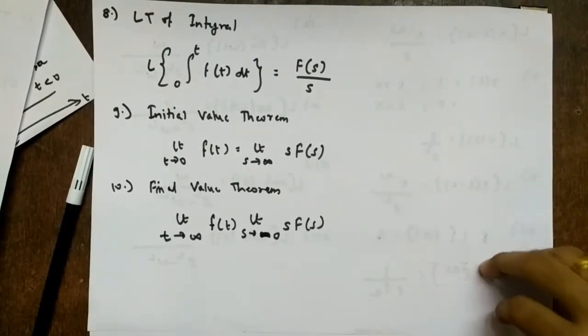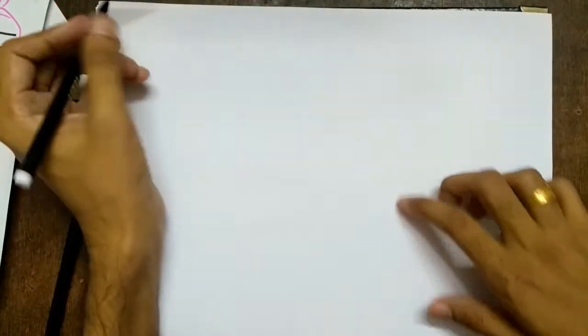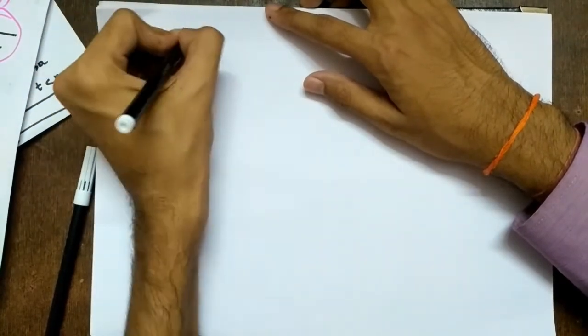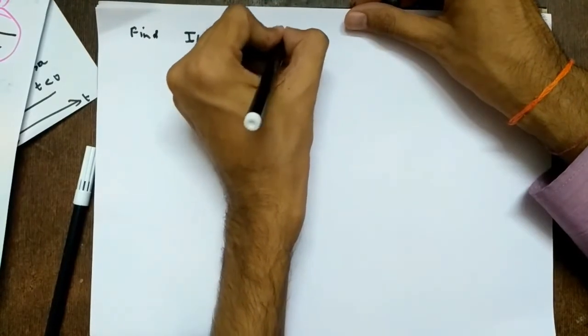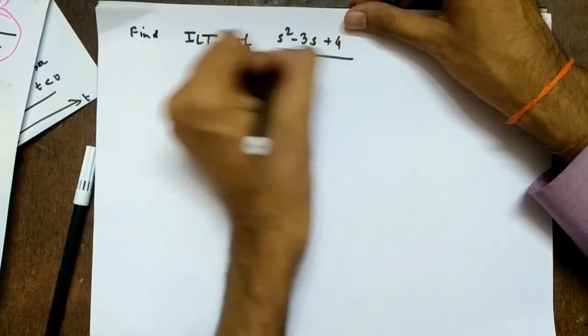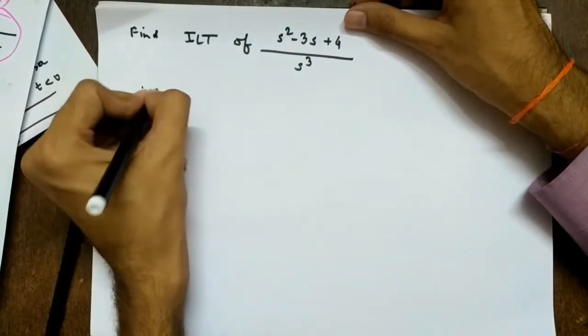Then you might require inverse Laplace transforms. So let's take some simple examples of how to solve. Let's say I have to find the inverse Laplace transform of s square minus 3s plus 4 upon s cube. So this is my F of s.